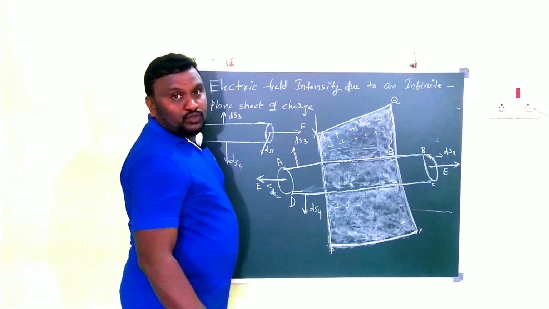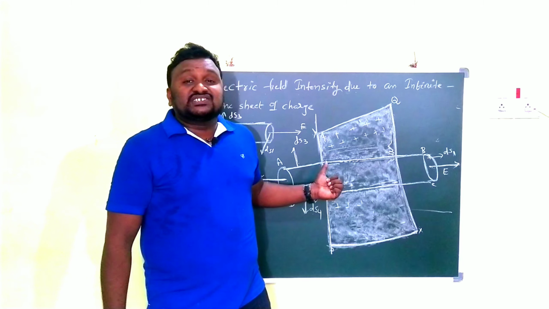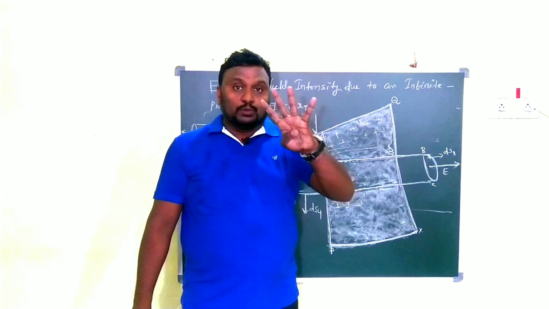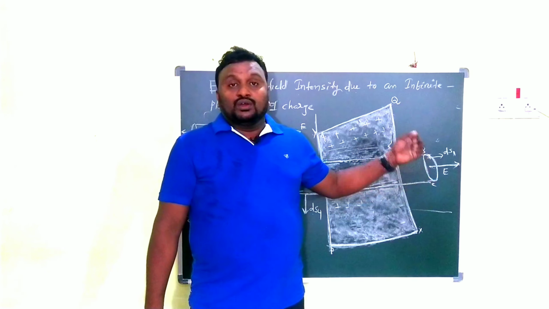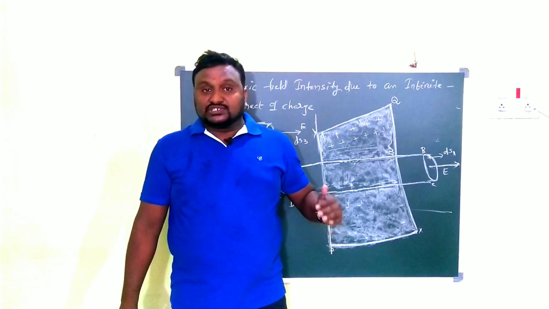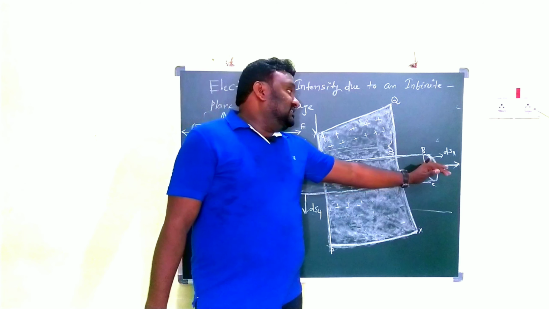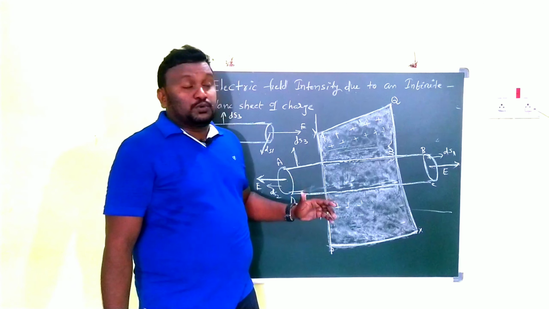Clear, children? No need to confuse, very simple. The cylindrical Gaussian surface has 4 parts: the top surface and bottom surface, where top is ds3 and bottom is ds4, and this one is ds1 and this surface is ds2.